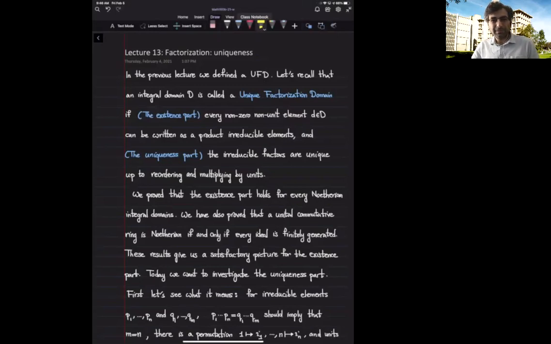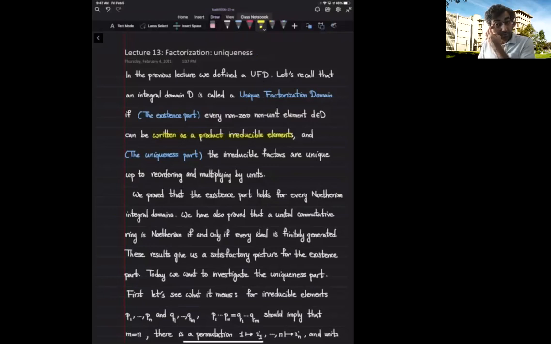Hello. In the previous lecture, we defined what a unique factorization domain is. Essentially, an integral domain is called a unique factorization domain if every non-zero, non-unit element can be written as a product of irreducible elements.